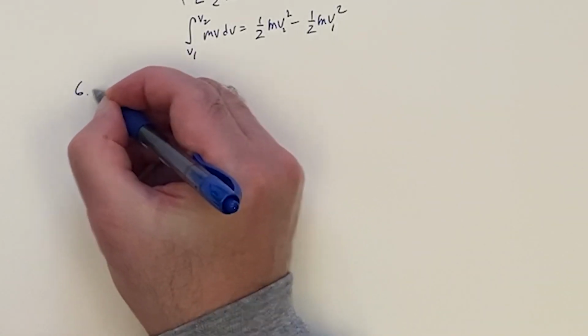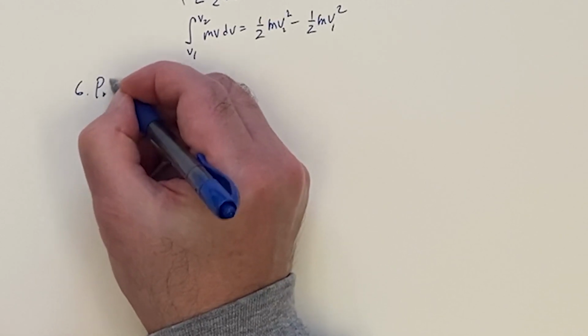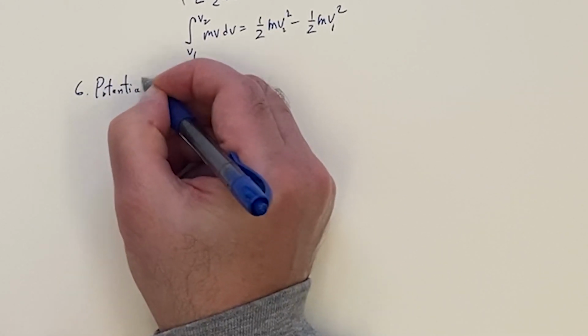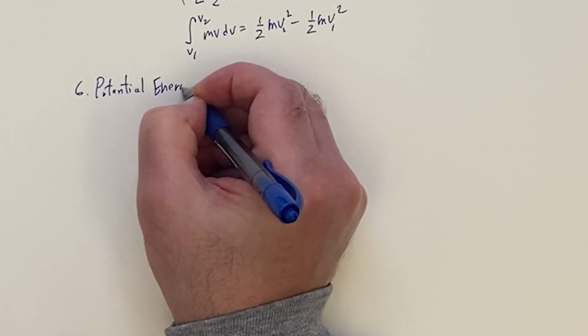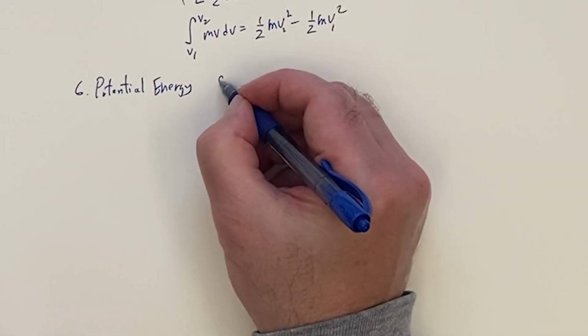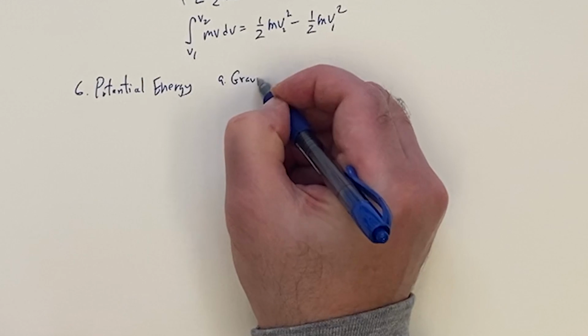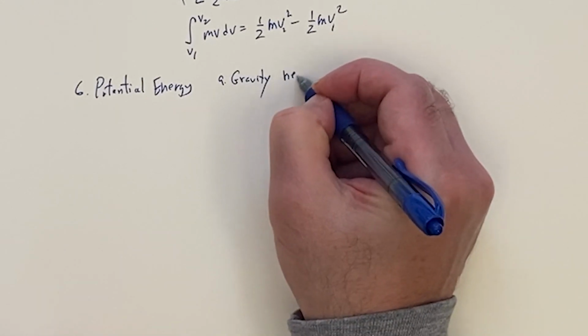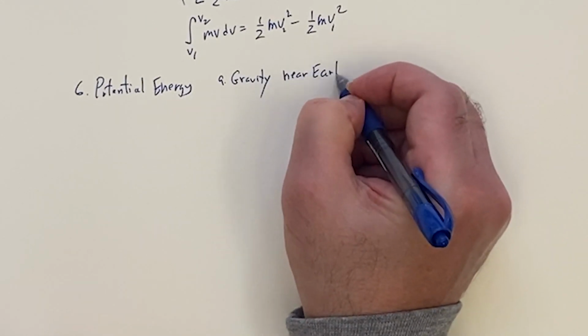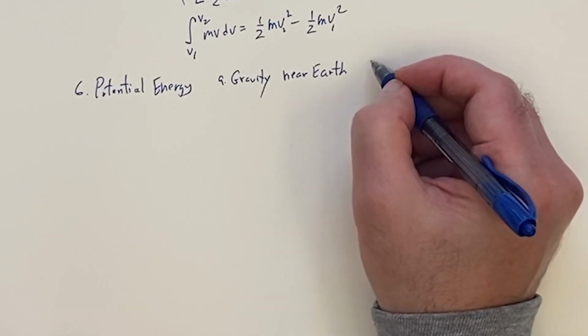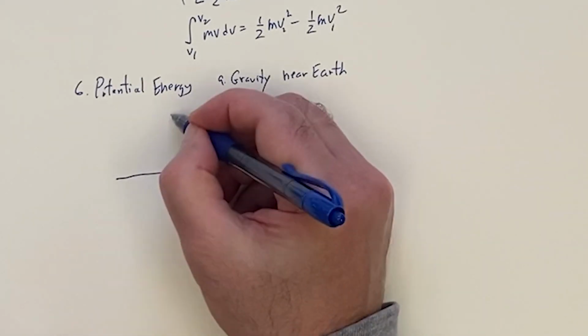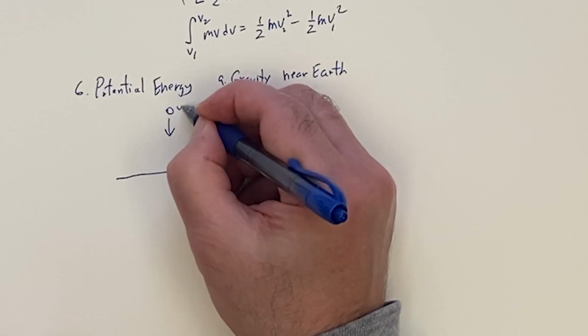So now we're looking at Intro 6, the concept of potential energy. For potential energy, first of all, we're going to look at gravity near Earth. So we're going to drop a rock, a mass m.